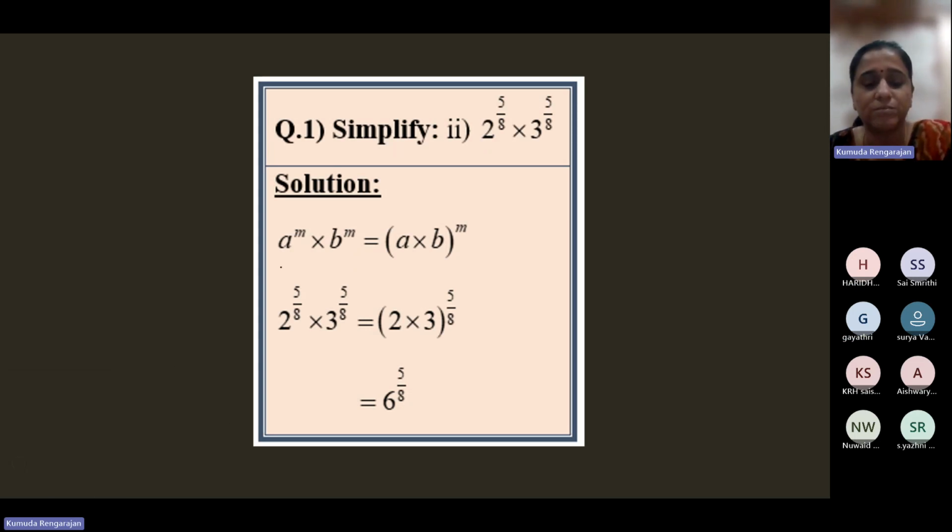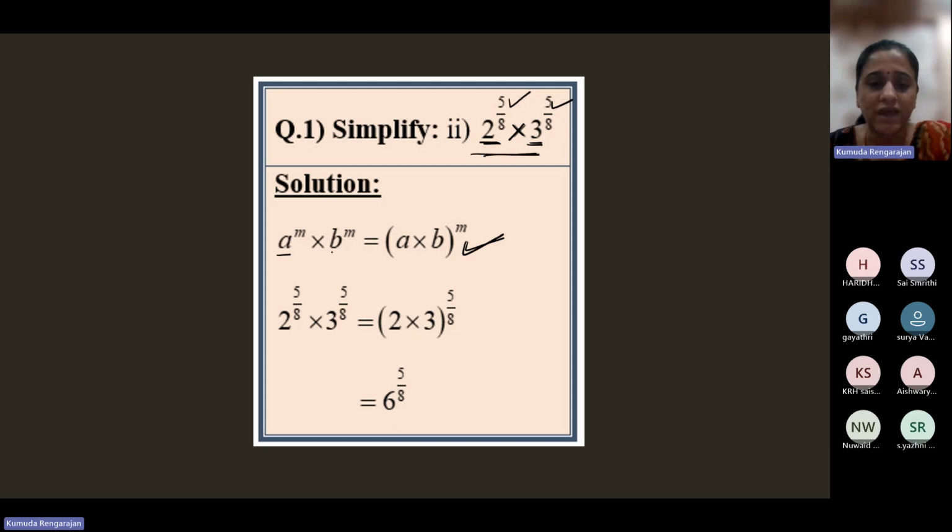In the next one, you see that the bases are different, but they're raised to the same power. Base 2, base 3. It's multiplication, but both the bases are raised to the same power 5 by 8. So we use this law to simplify this expression. What is the law?